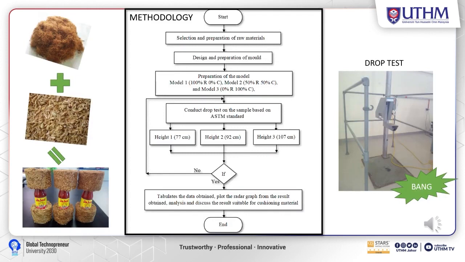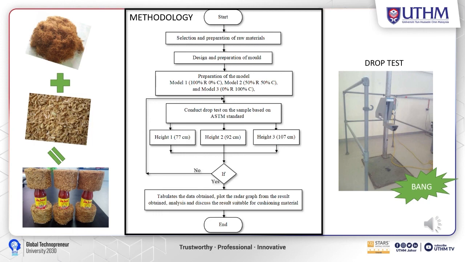Now, for the methodology, we can see the flow chart of the whole methodology of this project, where we start by selection and preparation of raw materials, then design and preparation of the mold. Once the preparation is done into 3 separate models, model 1, model 2 and model 3, we conduct the drop test based on the ASTM standard at various heights: 77, 92 and 107 cm.